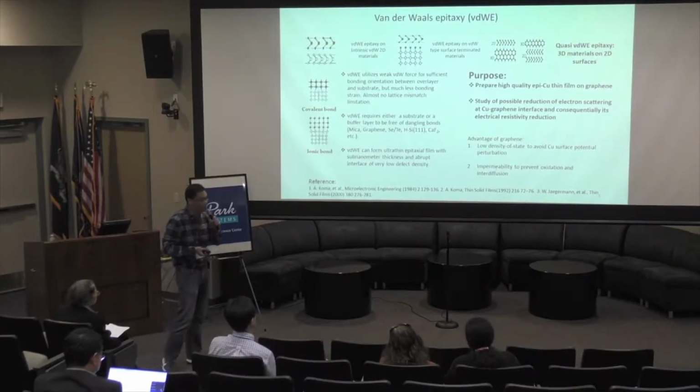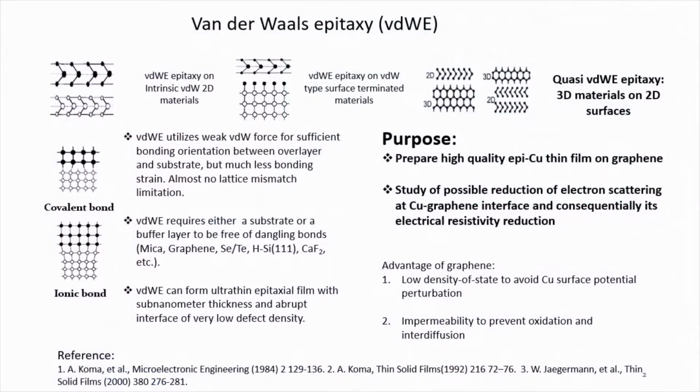One is that it has a low density of states, so it can avoid disturbing the copper surface potential, and it can grow low defect density copper films. In this way, it can reduce the diffusive electron surface scattering in the copper film, and we can further reduce the electrical resistivity when we shrink this copper film thickness down to the deep nanometer range.